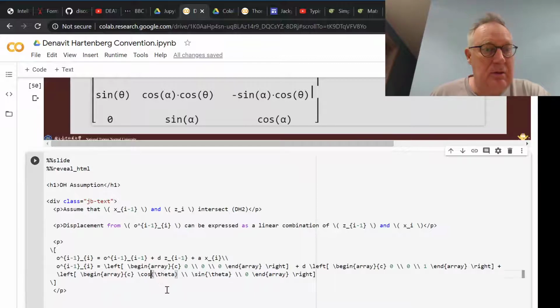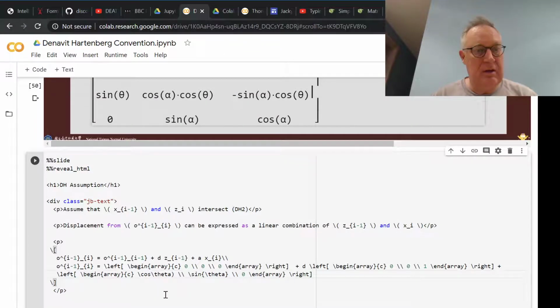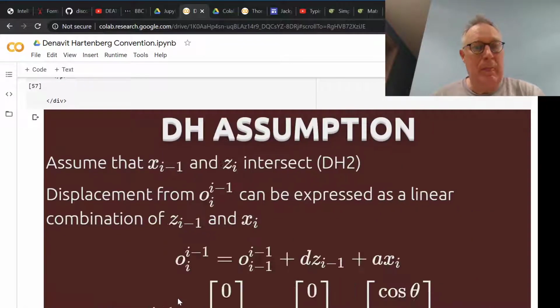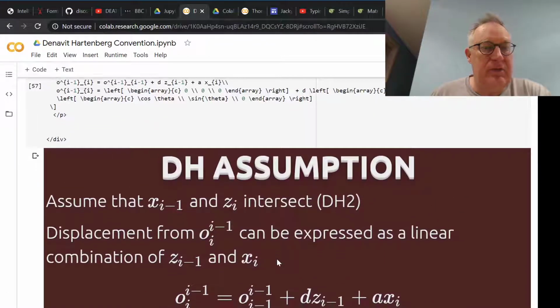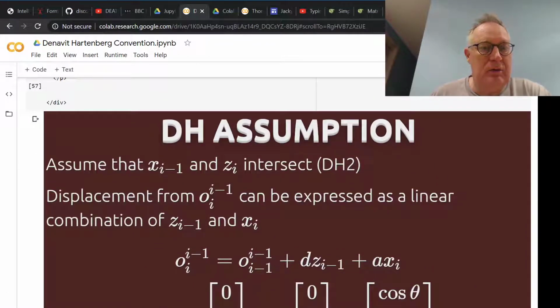and I want to get rid of the brackets here. And that means then I can multiply that out, right?